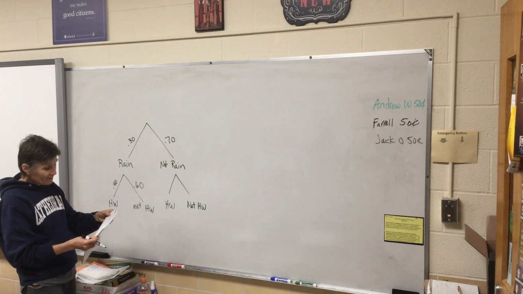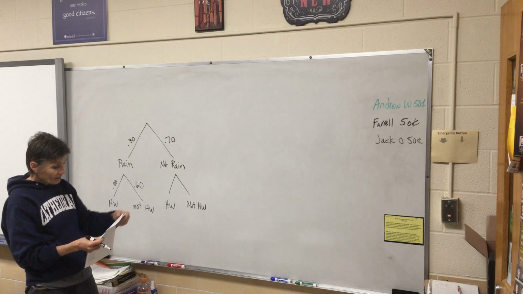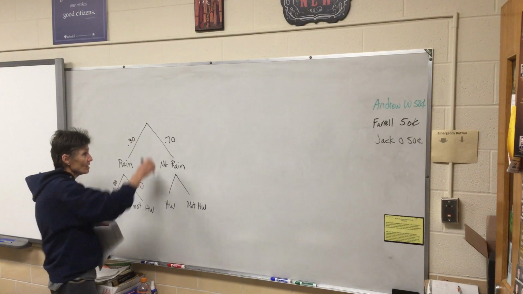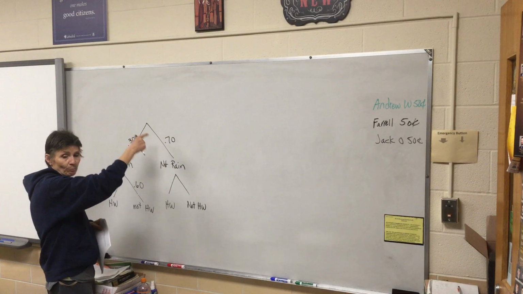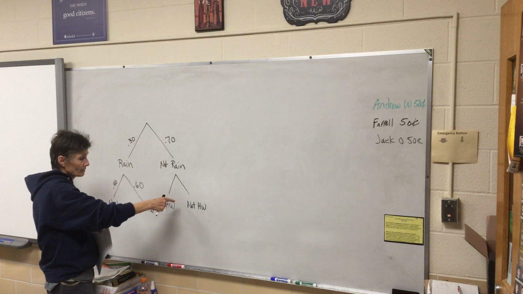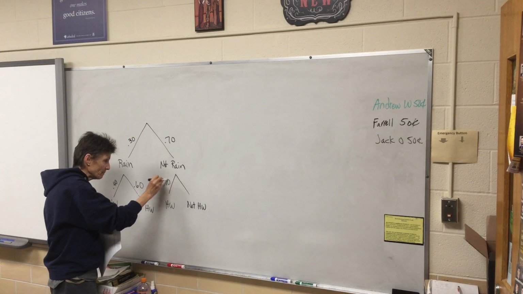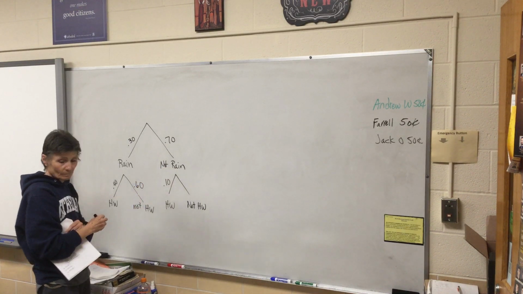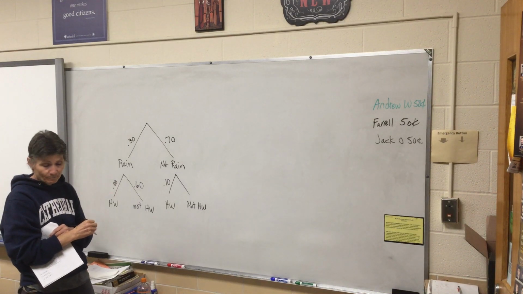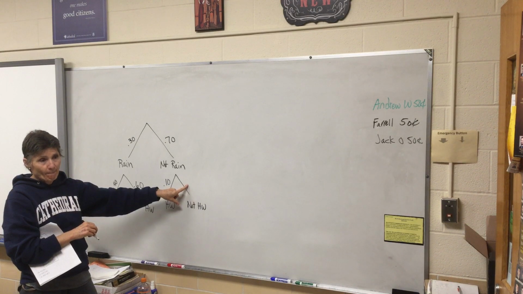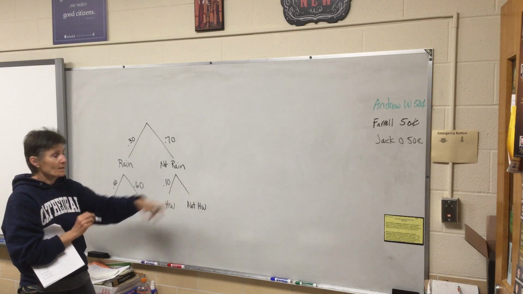Now, if it doesn't rain, the probability of his doing homework is 10%. So this is the doesn't rain branch. Here's the homework, no rain and homework, and that's 10%, according to the problem, which means this is what? 90%.